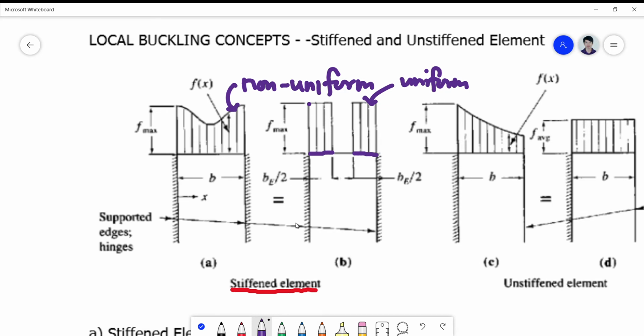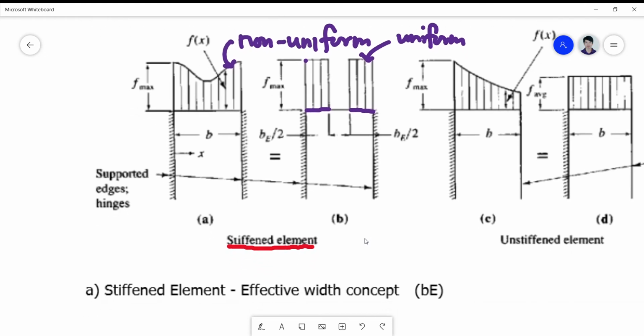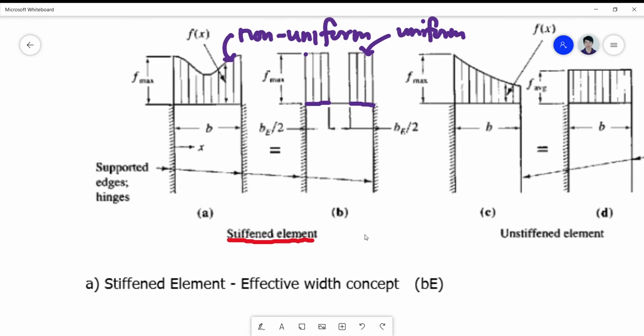So for this consideration, we can derive the formula on the shape factor later. For a stiffened element, the concept that was used is the effective width concept.